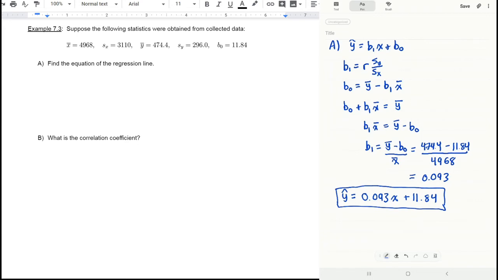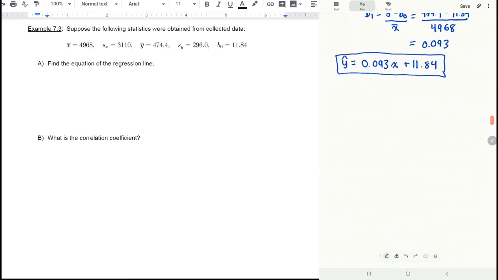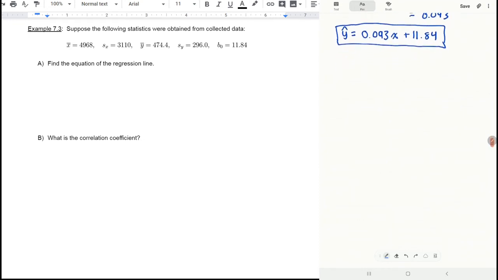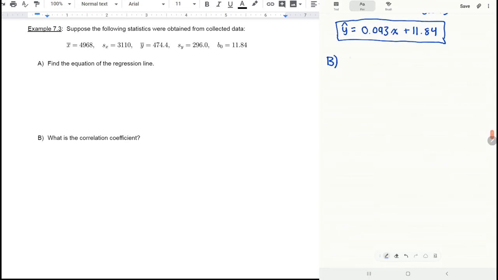Okay, so now that we have the slope of the line, we can use this to determine the correlation coefficient. If you look at the first slope formula, we have b1 is equal to r times the standard deviation of y over the standard deviation of x.